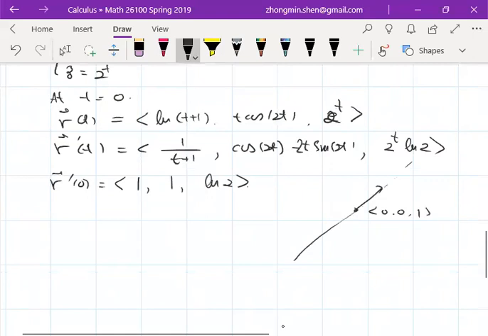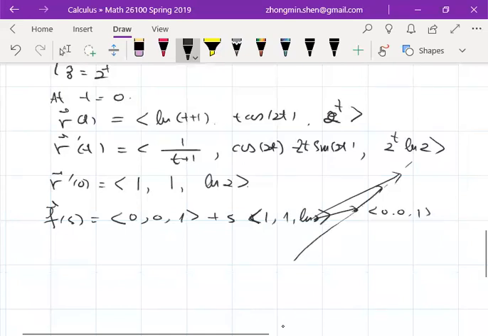So this is a point, and then an arbitrary point. We can use the arrow symbol there. So r of s is that point plus s times this tangent vector. So this is general. They may ask you to find the vector function for the straight line.